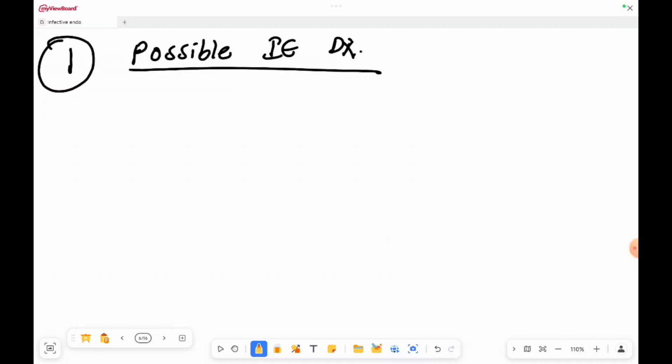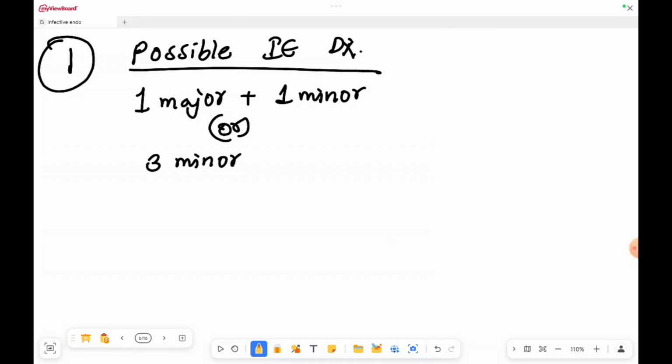For possible infective endocarditis diagnosis, the criteria should be one major plus one minor, or three minor positive. This is for possible infective endocarditis diagnosis.